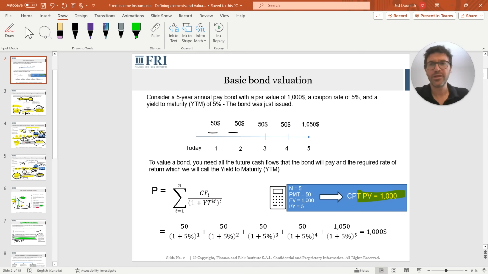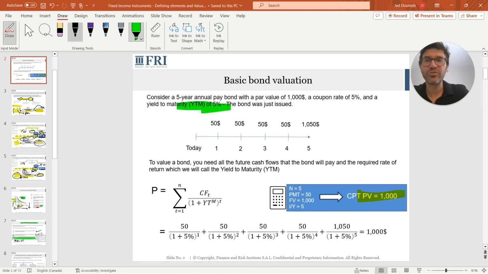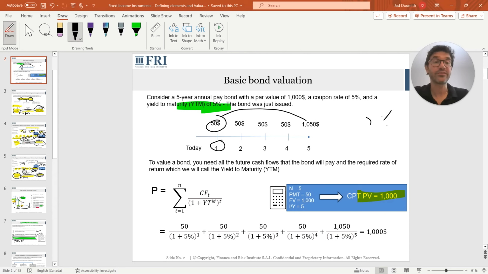To be practical, let's go back to this slide. To really achieve the yield to maturity of 5%, guys, this is what should happen in reality. At the end of year 1, when you collect the first $50 of coupon, you must find a way to reinvest it for the remaining 4 years at 5%. And of course, you must do so in an instrument that has a similar risk to the bond that you actually purchased.